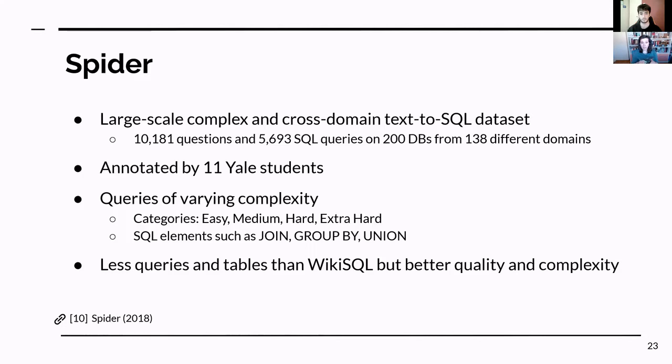Queries are divided into 4 categories: easy, medium, hard, and extra hard. And we see all types of different SQL elements, joins, group bys, union, and so forth. Now, the characteristic of this dataset is essentially that it has more complex queries and it is also of much better quality.